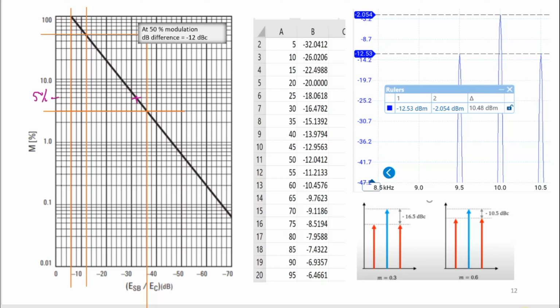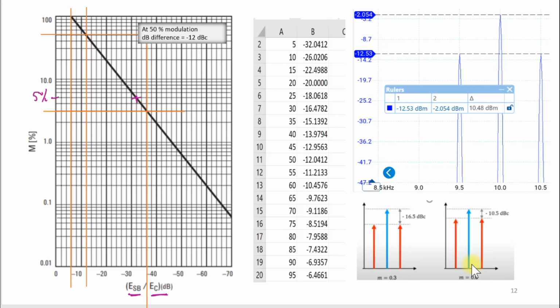And here is actually a third method that you could use. It's not my favorite method, but you could use it. And down at the bottom here is the ratio of the voltage of the sideband compared to the voltage of the carrier. So it's a ratio. And in this particular case, it's measuring the difference in dB from the carrier to the sideband.